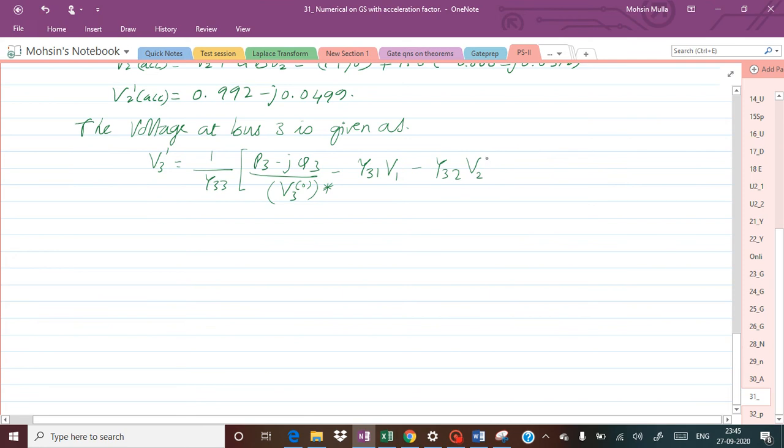V2 is a variable, and the first iteration value has already been obtained, so here we will take it as V2 of 1. The updated value we need to substitute here is nothing but the accelerated value.